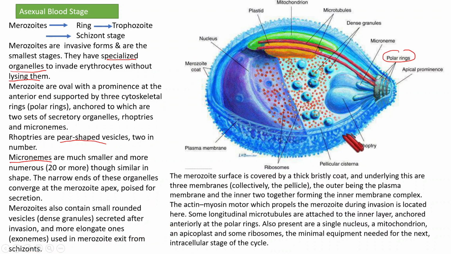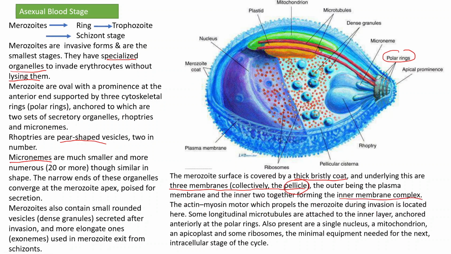Then coming to the surface of the merozoite, its outer surface is covered by a thick bristly coat, and underlying that coat are three membranes, and those three membranes are collectively called the pellicle. Among the three membranes, the outer one is called the plasma membrane, and the inner two together form the inner membrane complex.